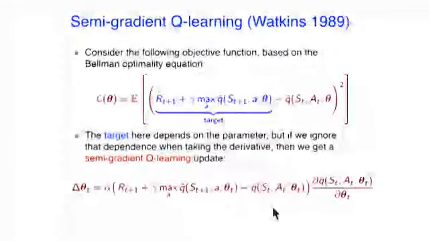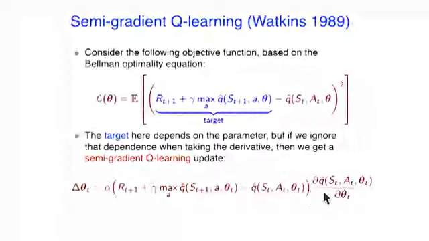Otherwise, it's the same. And then by gradient, because we're doing a gradient approach, we've taken the derivative, and we need to know how the parameter vector theta will affect our approximation. And the fact that we're ignoring this effect shows up here. We're only saying, how would theta affect Q hat at the starting state? And based on that and the error, we're going to do our update. Okay, that's our update. Semi-gradient Q-learning.